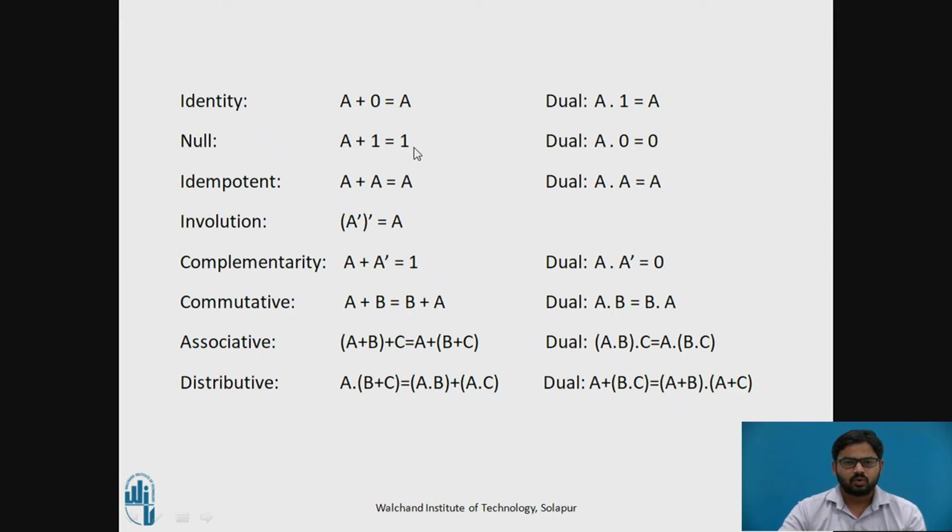A plus 1 is equal to 1, and its dual is a dot 0 equal to 0, where the OR operation is replaced with the AND operation. Also a plus a, and a dot a, is equal to a. These are the common identities in Boolean algebra.